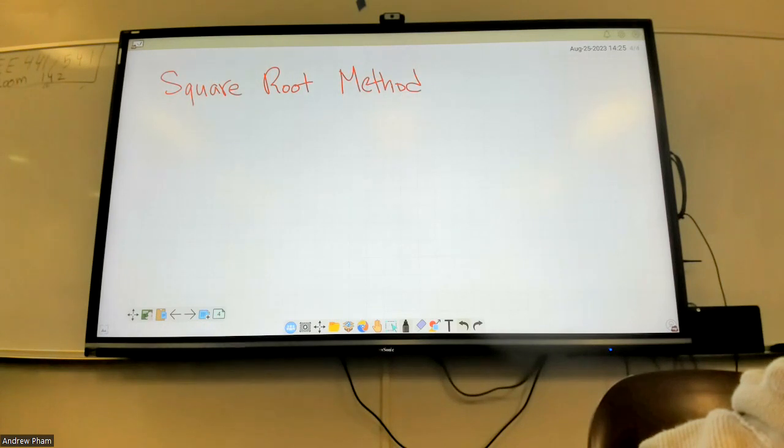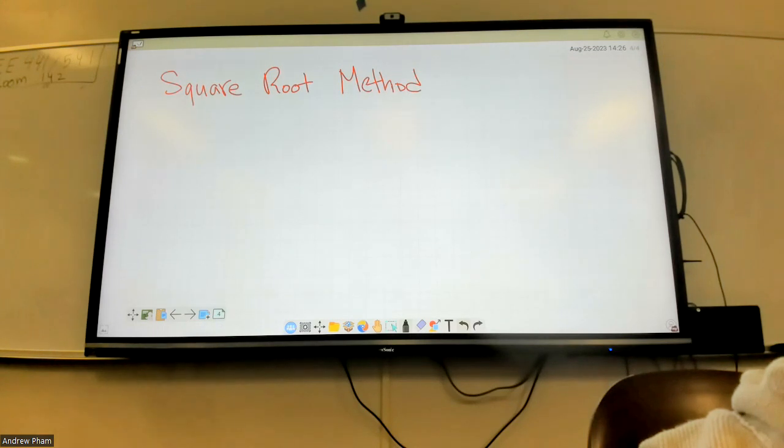So you can probably guess what's going to happen in this square root method. Well, in the name, we're going to use a square root. And we used that for that first example, where we had x squared minus 19 equal to 0.